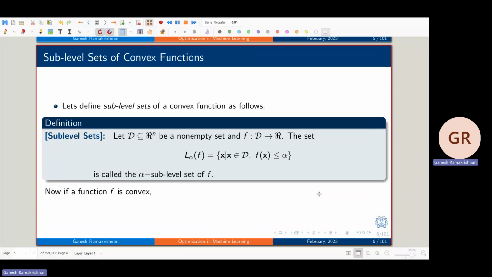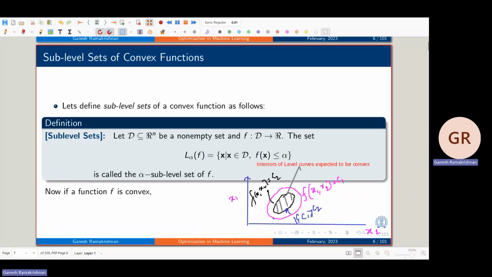These sublevel sets, shown on the board and the slide as well, are in the space of x1, x2. The function is in the space of x1, x2, comma z. You can call it z or f of x1, x2, a value. Ideally, I should call this axis the z axis, the function axis.